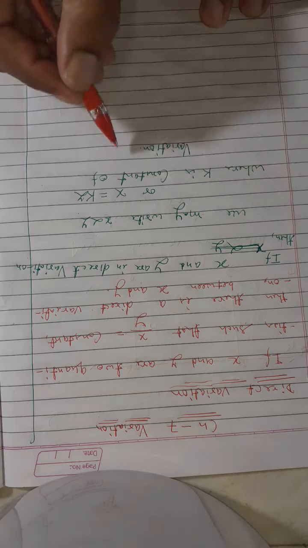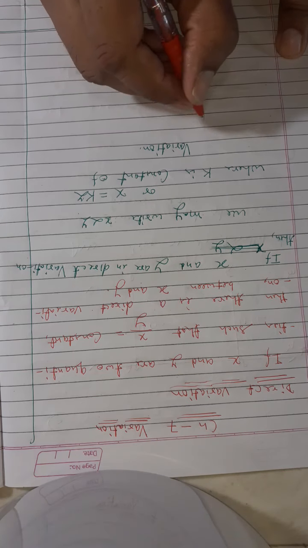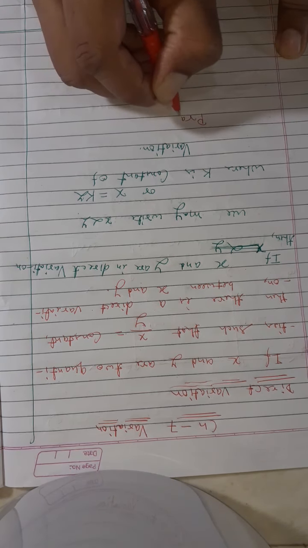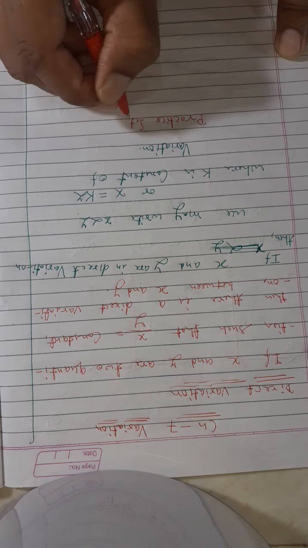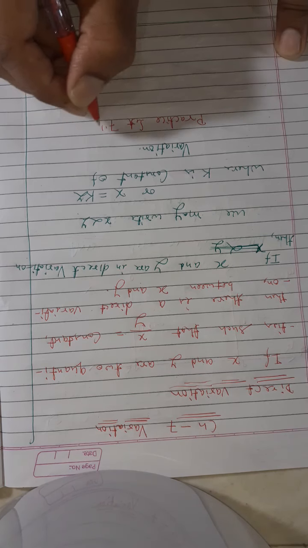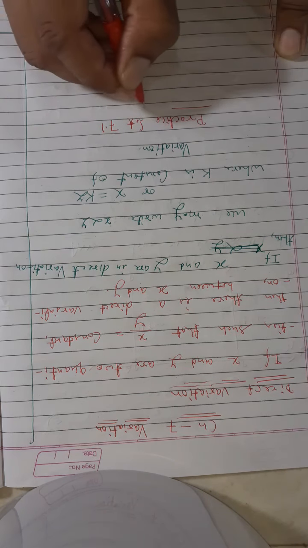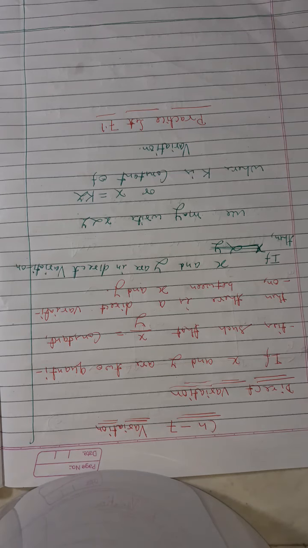Clear. Now you come to question practice set 7.1. Write the following statements using the symbol of variation.